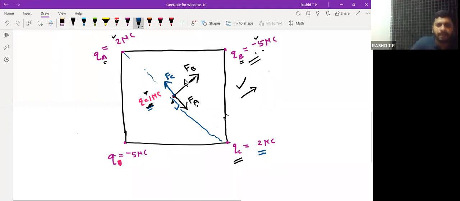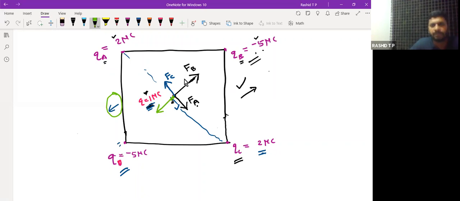Fine. Now the last force, the force experienced by the central charge because of this D, that is an attractive force, because this one is a positive charge, this one is a negative charge. For attractive, you always write this one. And we have to concentrate on where our charge will go. That is, this one will go in this direction.